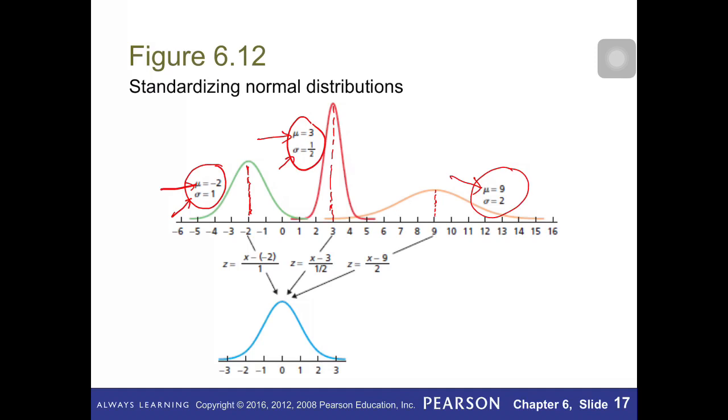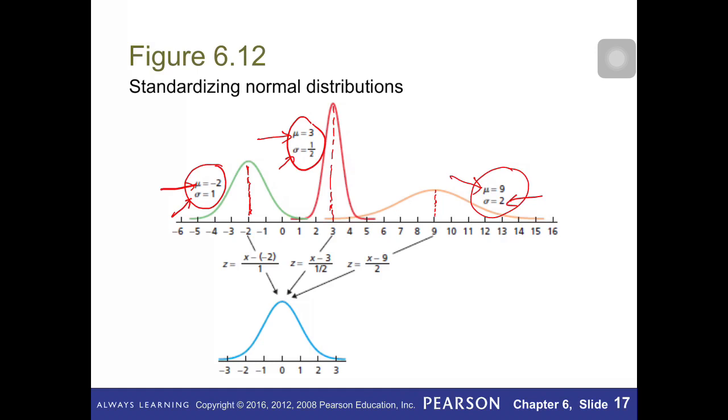Here it is 1/2, so the curve shrinks a little bit and its width becomes smaller. When sigma is 2, which is higher than the other two, it spreads out. That's why we call mu the location parameter and sigma the shape parameter. So sigma controls the shape of this distribution.